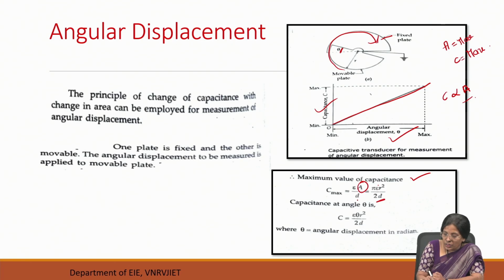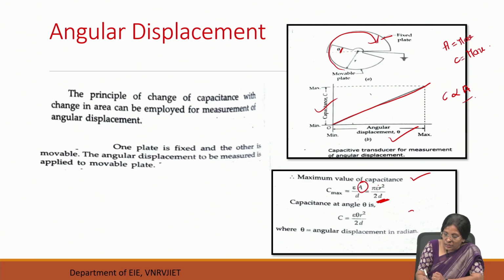Why is it 2D? Actually it is 1D here, but it is 2D because we are not using fixed plates. We are using plates that have an arc shape, and these two plates act in series. That's why we are getting 2D here. Now let's see this theta, the angular displacement. This is the angle theta.